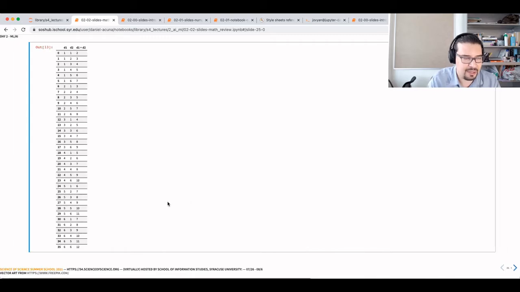Great. I list everything, and I add a column that represents what I want, which is the summation of the outcomes. I want to see how many times I have a 4. I have a 4 one time, 2, 3, and that's it. So the probability of this event is basically 3 over the 36 possibilities.